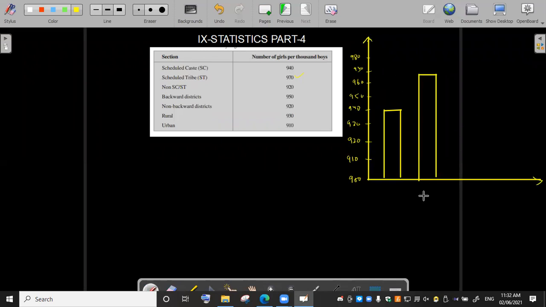And here you will write the number of girls per thousand. Here you will write the section. This is representing the section. Here you will write scheduled caste, scheduled tribe, or you can write here also. It is up to you.